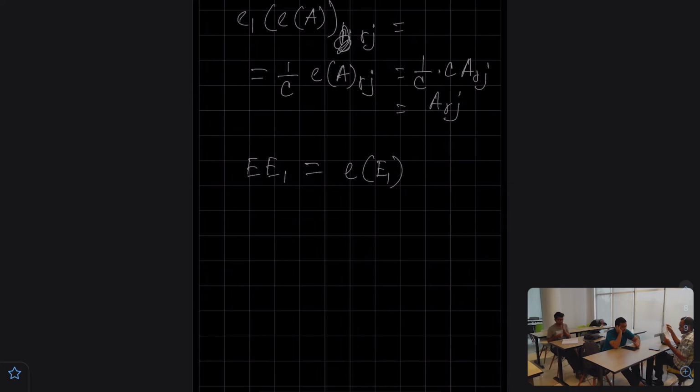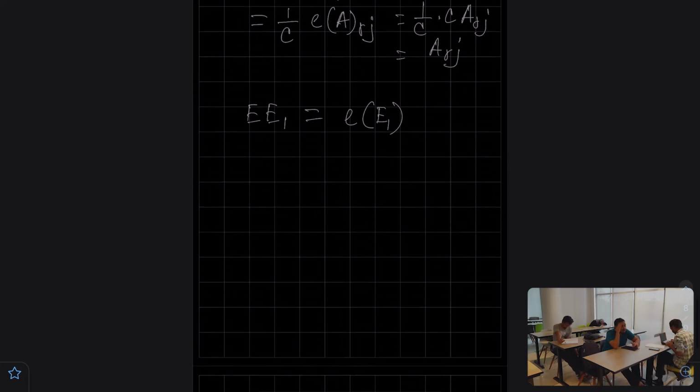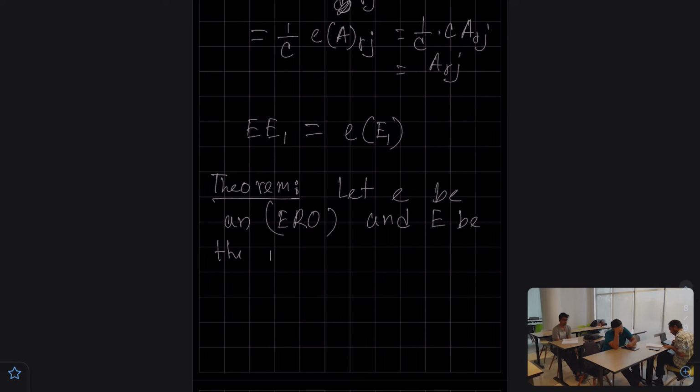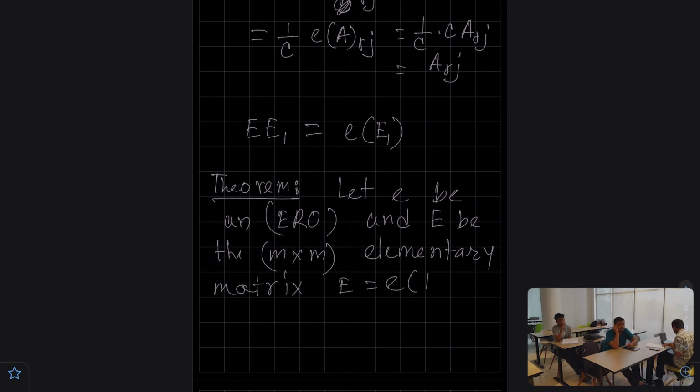In the previous lecture, I gave you a theorem. The theorem was that if E is an ERO and E is the m cross m elementary matrix, then E equals E(I). We know this.